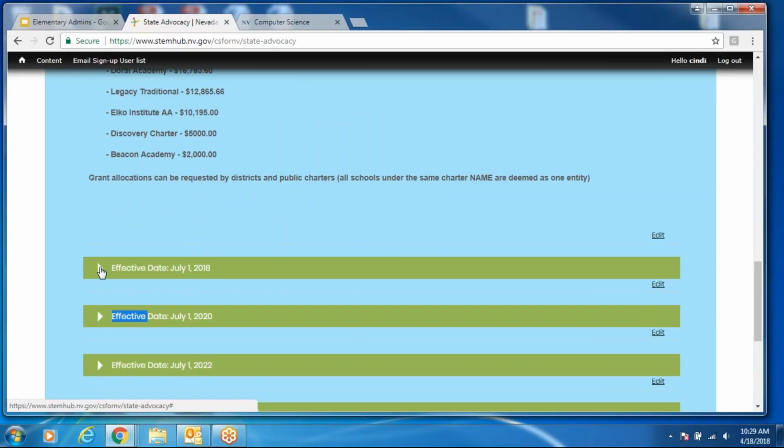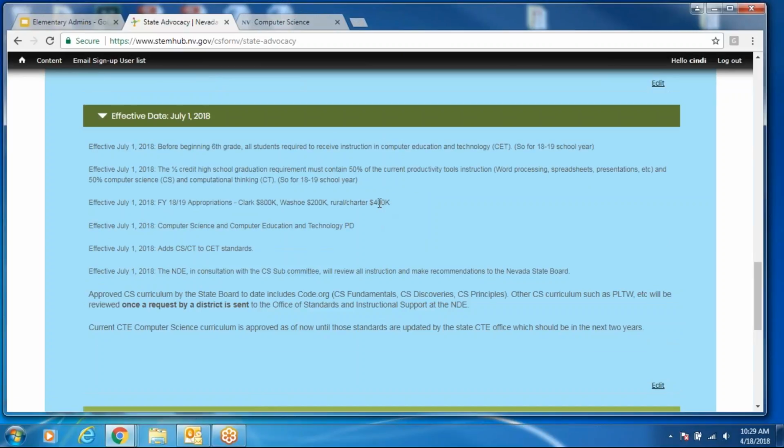I can say that there is an allotted $400,000 this time, so it's doubled for our rurals. So hopefully you can all become part of the discussion with your district leads on what your needs are, and vice versa. Hopefully they're reaching down to you to ask what those needs are.